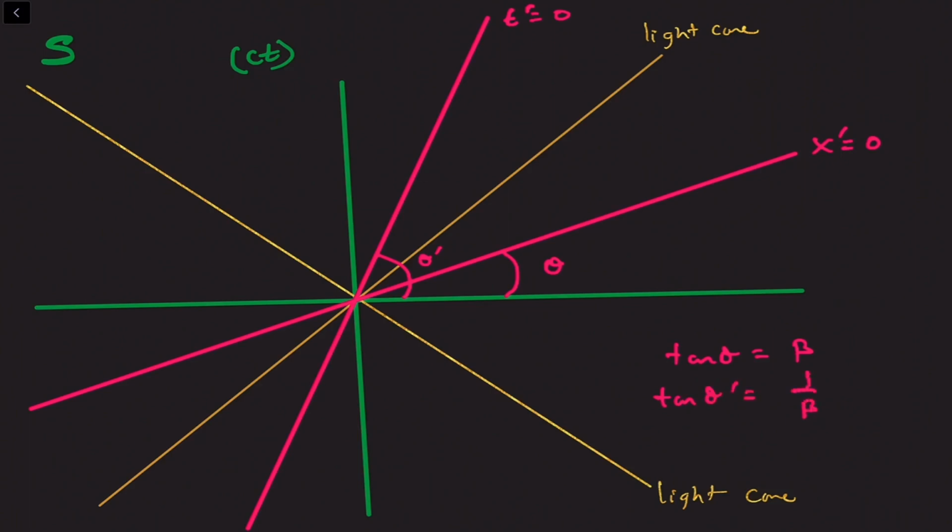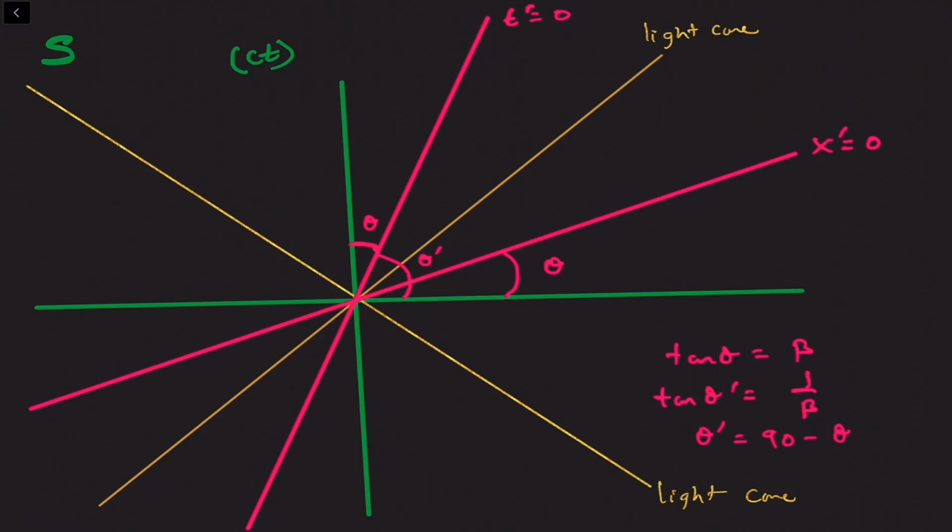So what that tells you is that theta prime is 90 minus theta. In other words, this angle will also be theta, or the slope, if I measure it relative to the y-axis rather than the x-axis, would also be beta.